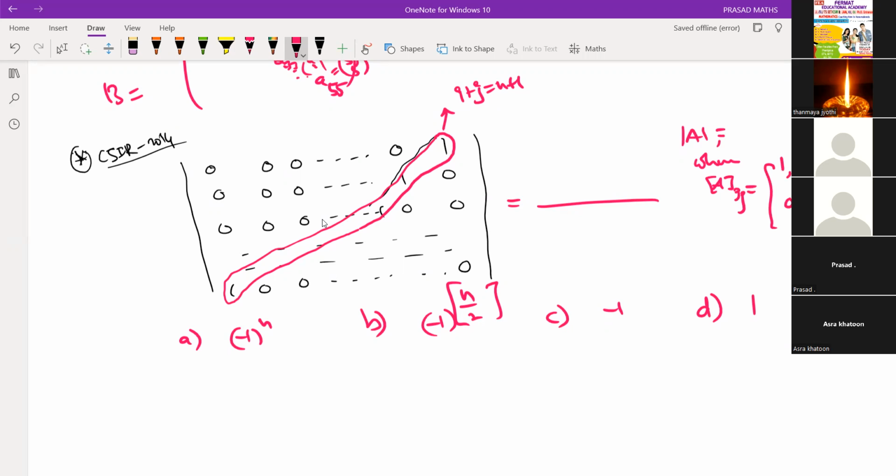Understand what is the det of this? One can ask this question like this: anti-diagonal elements are 1 and other entries are 0.